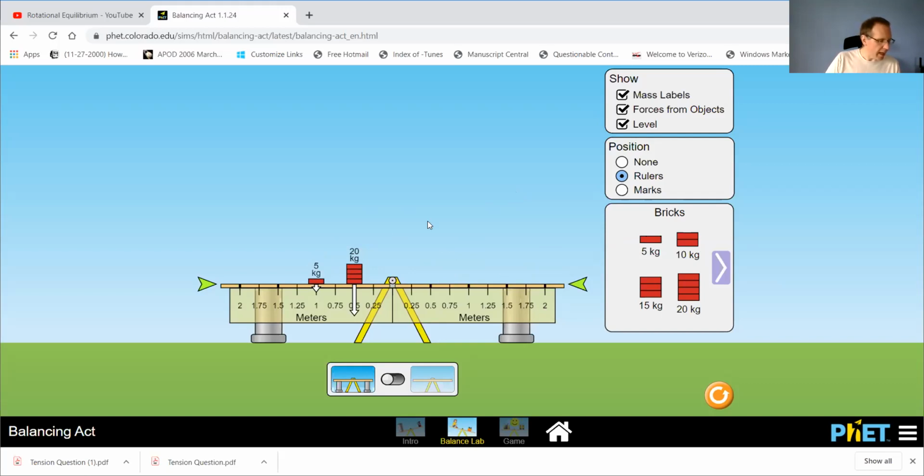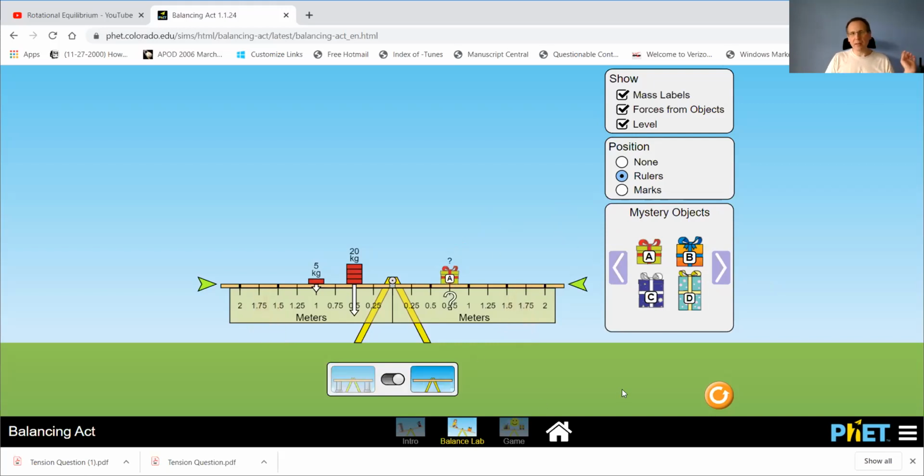On the right-hand side, we're going to place the unknown package. If you click over those other objects, you can put people on there if you want. But we're going to use unknown package A and place it at 0.75 meters on the right-hand side. And notice if I click on this, it balances.